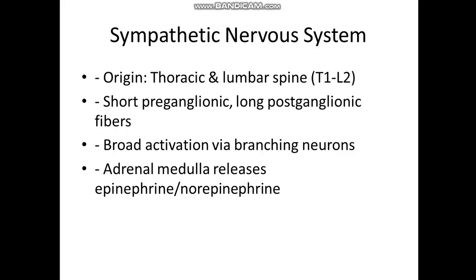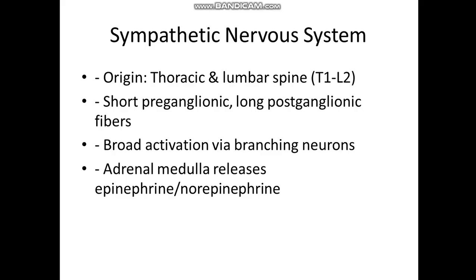There are some specifications of the sympathetic nervous system which are not present in the parasympathetic. Obviously, the parasympathetic is going to act opposite to the sympathetic nervous system. The preganglionic fiber of the sympathetic nervous system is short, while the postganglionic fiber is long. What is the case in the parasympathetic? We'll see later on.